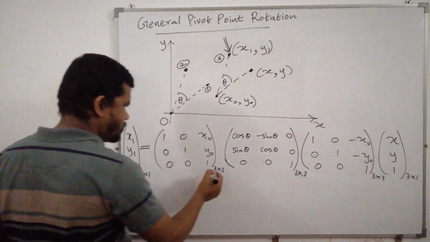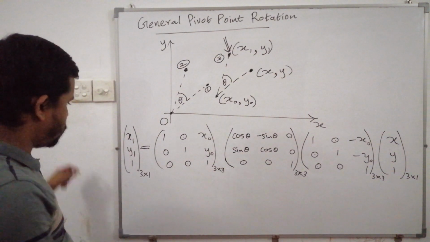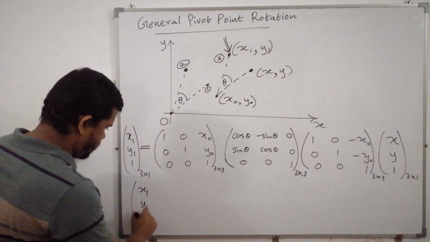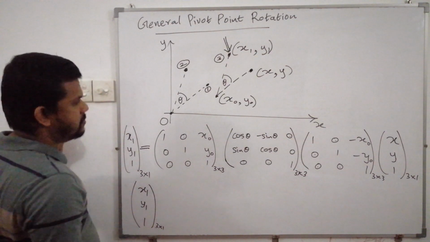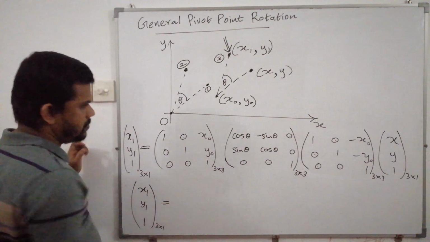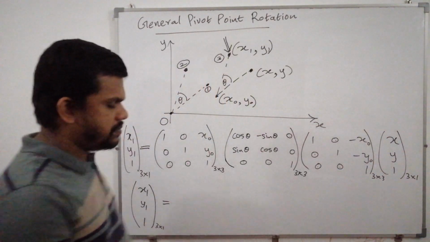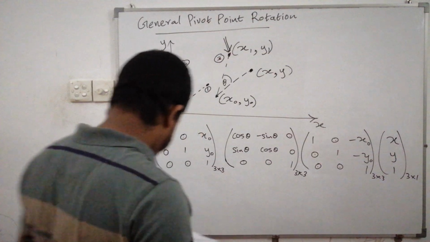Now if we get x1, y1, 1, 3 cross 1, we can multiply these three matrices and then you can get this one.